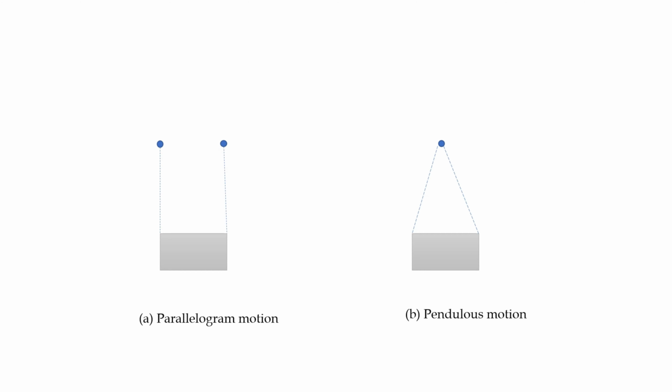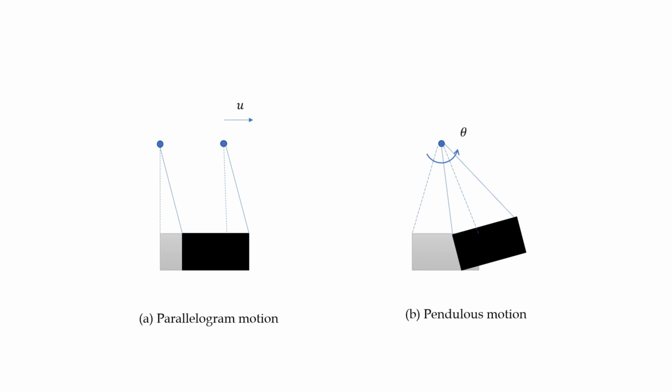So in both cases, we start with the masses being at equilibrium, and when we bring the mass into motion in each case, we are introducing a rotation in the arm of the pendulum and a displacement in the mass. Now in the parallelogram, when we measure the acceleration from the accelerometer, what we're measuring is the horizontal acceleration, whereas with the pendulous motion, we are measuring the response in the direction that is tangential to the circle of the pendulum.